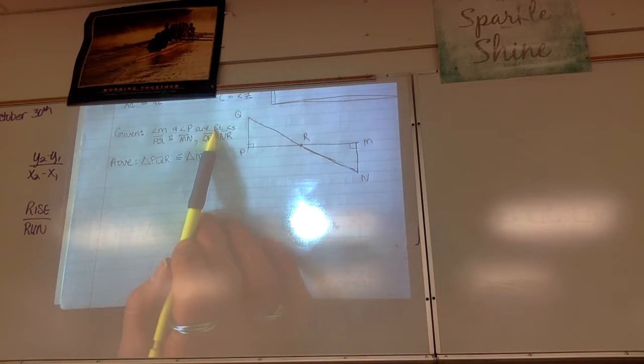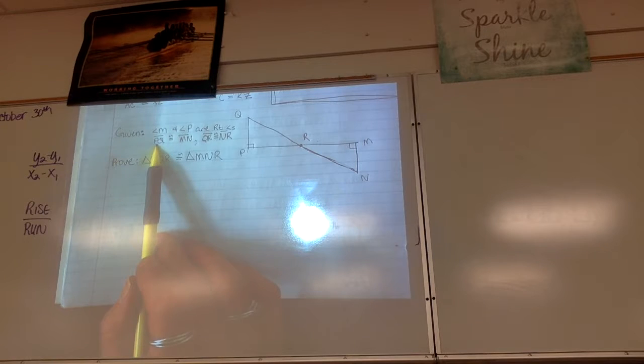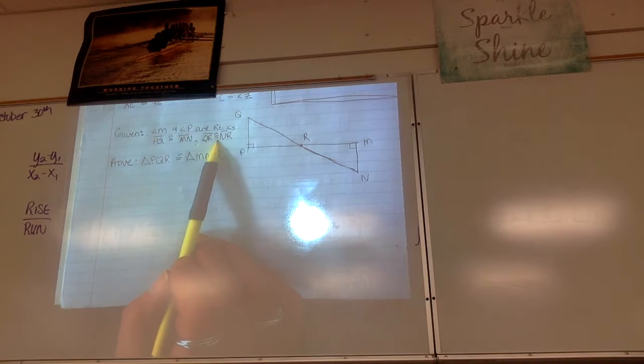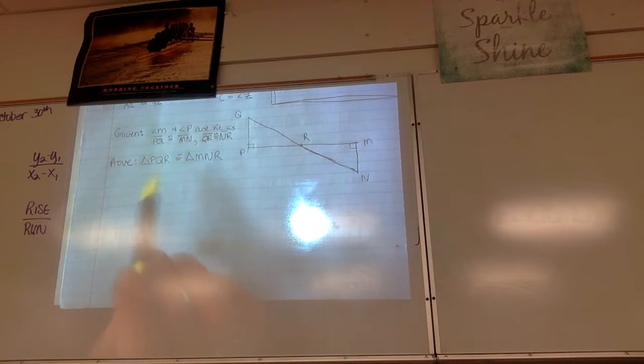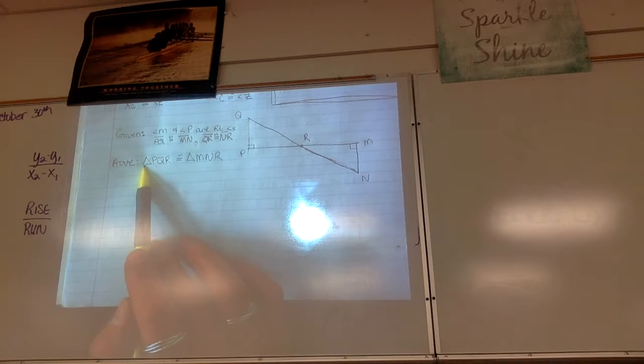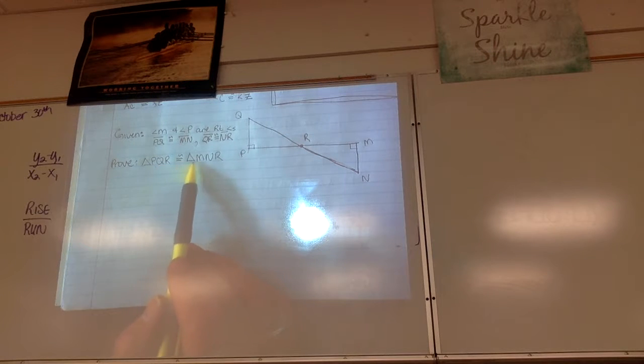That's what right means. Segment PQ is congruent to segment MN. Segment QR is congruent to segment NR. And then our triangle congruency statement is already written for us. It's our proof. We're proving triangle PQR is congruent to triangle MNR.